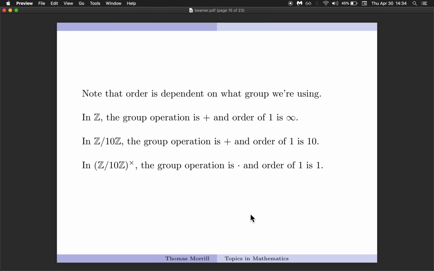The identity element for multiplication is 1. Okay then, so I need a single copy of 1 to get to 1. That means that the order of 1 is 1 under multiplication. So this is a little bit silly. In any group, the identity element is going to have order 1, and everything else is going to have order larger than 1.